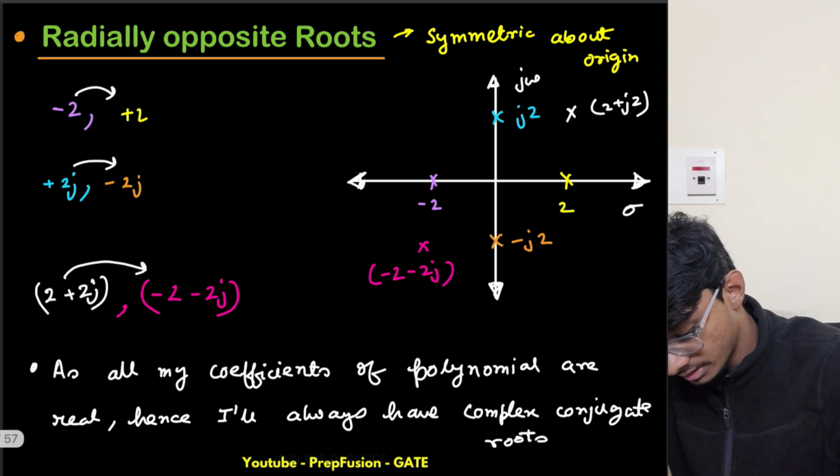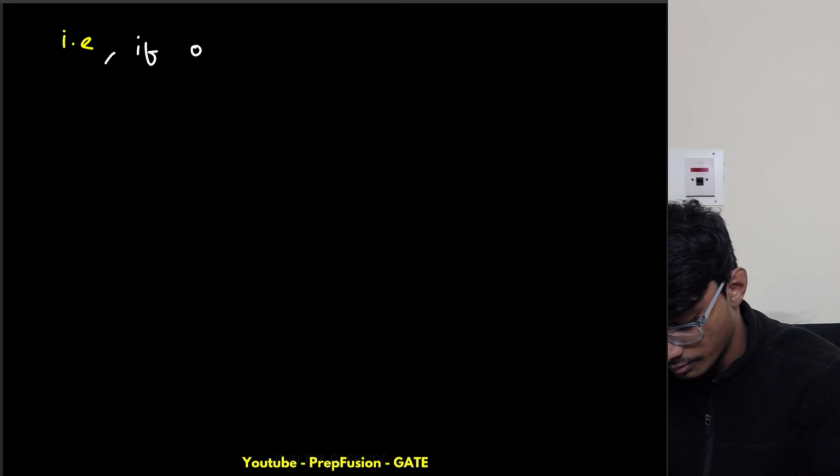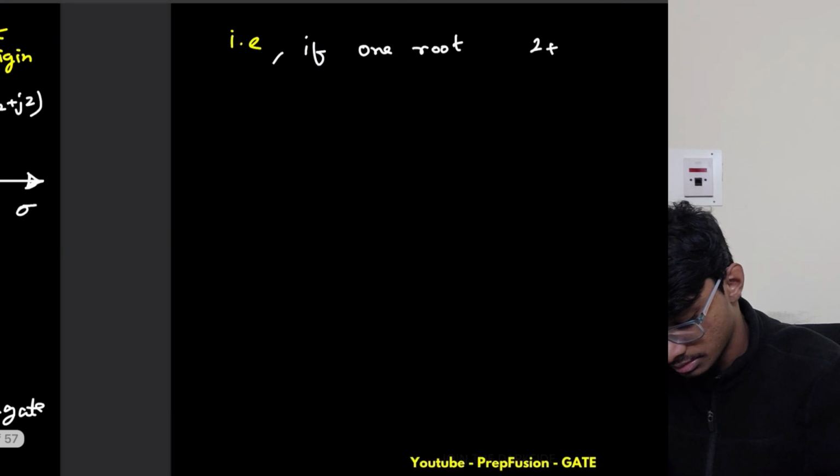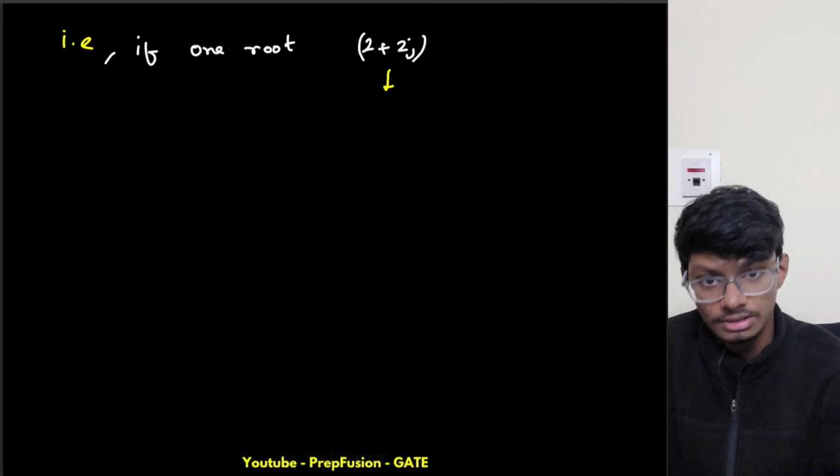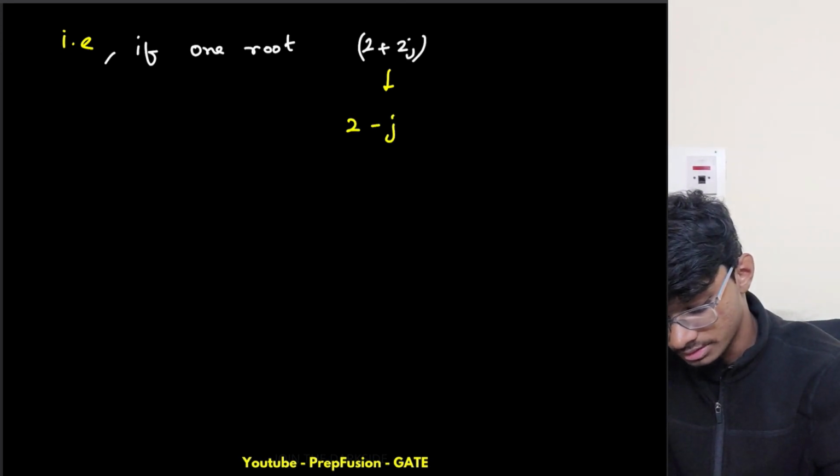If one root is at 2 plus 2j, then my other root will be its conjugate, which is 2 minus j2.